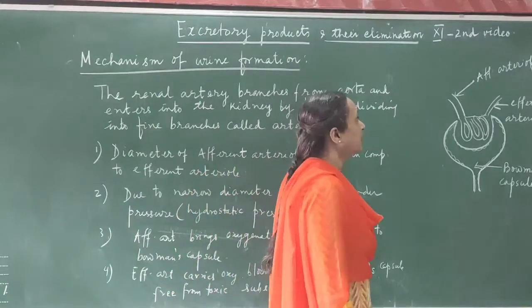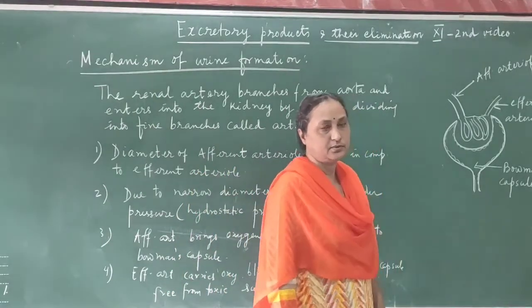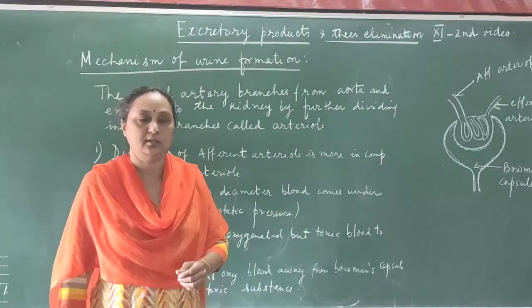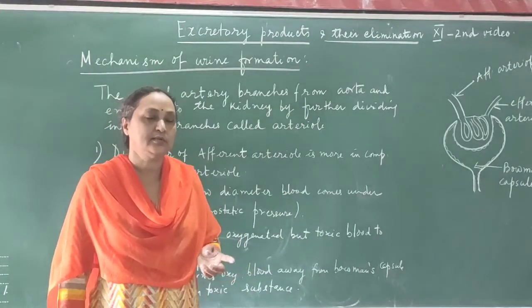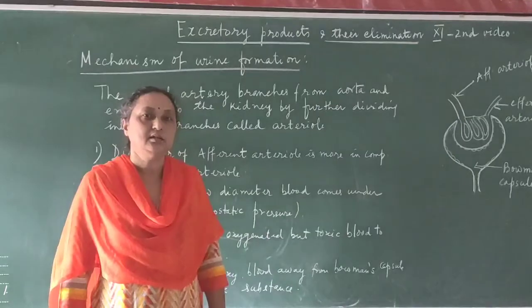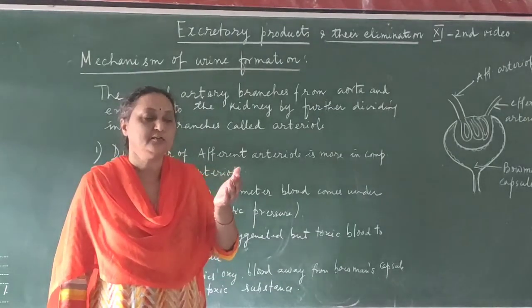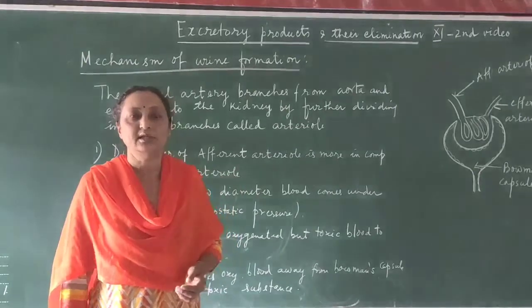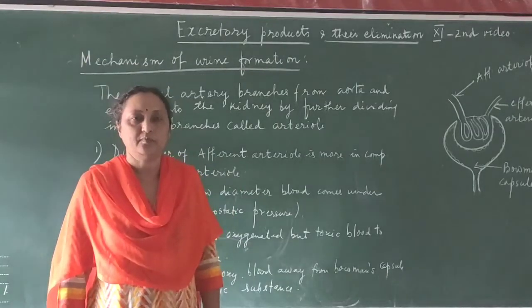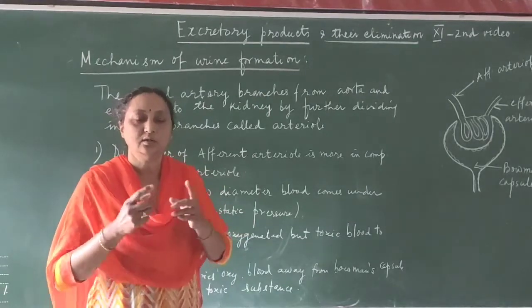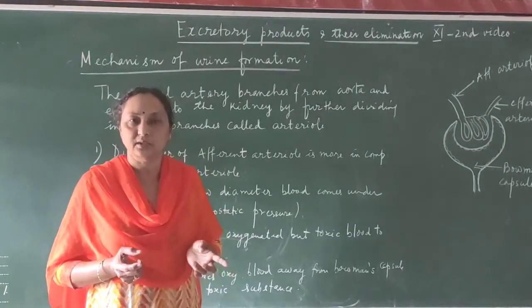Now the renal artery is a branch of the aorta. In the blood circulation chapter I explained that the artery which carries oxygenated blood away from the heart is the aorta. The aorta branches and rebranches, and all the branches go to different parts of the body.